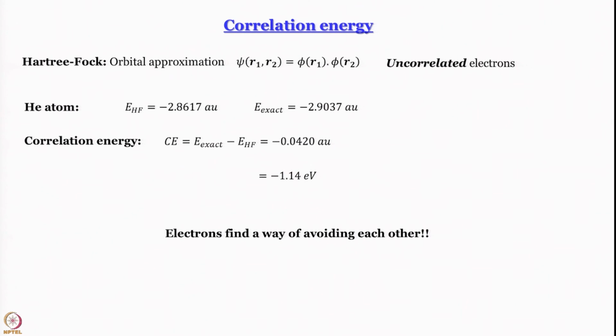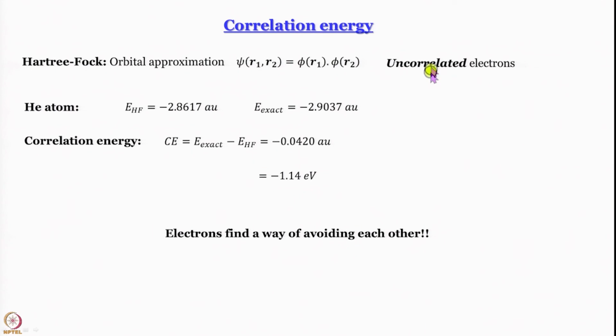If we do not account for correlation, then the value that I get is minus 2.8617. When we account for correlation unknowingly, when we do those exact calculations, we are not really explicitly saying that okay, electrons are correlated. All we are doing is that we are trying to minimize the energy, and your upper limit theorem tells us that you can get as close to the actual energy as possible, and actual energy would involve correlation even though we cannot calculate it, right.